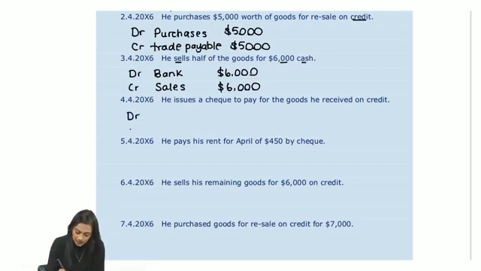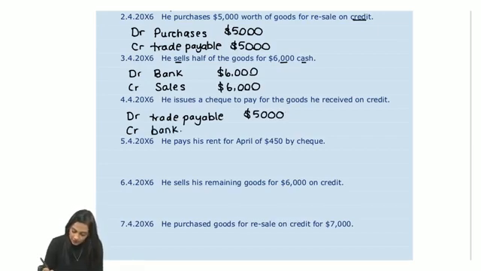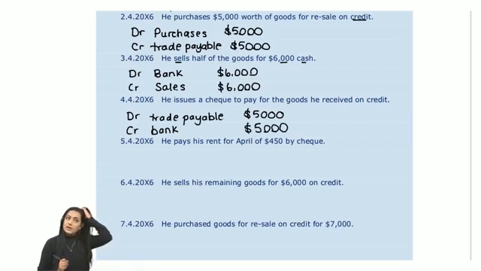So debit trade payable, 5,000, and then the money will come out of the bank, credit bank, 5,000. We have these two accounts open, so let's enter these straight away.